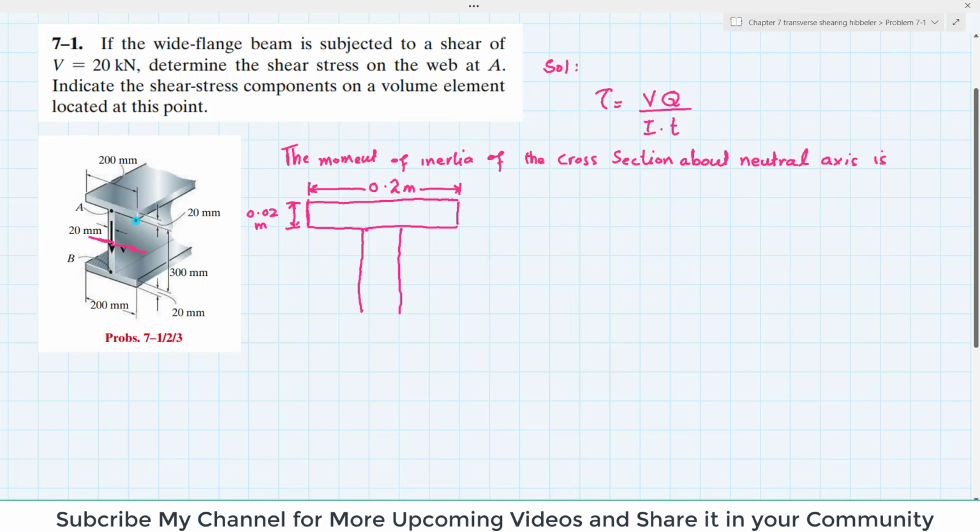Also you can see, from this flange till the mid of the neutral axis, this distance will be 300 divided by 2, which is equal to 150 millimeter. So this distance will be equal to 0.15 meter, and this will be your neutral axis.